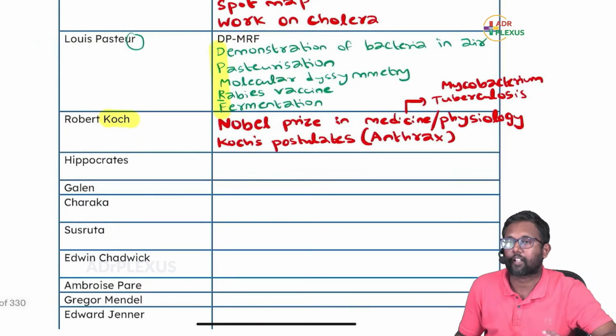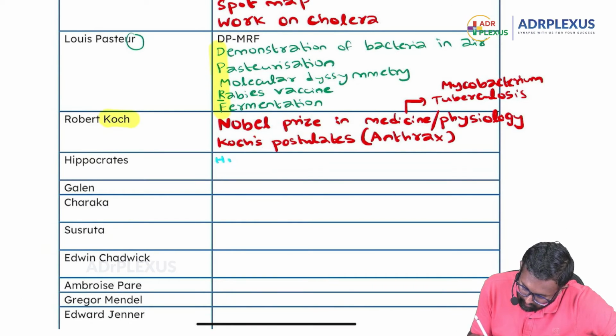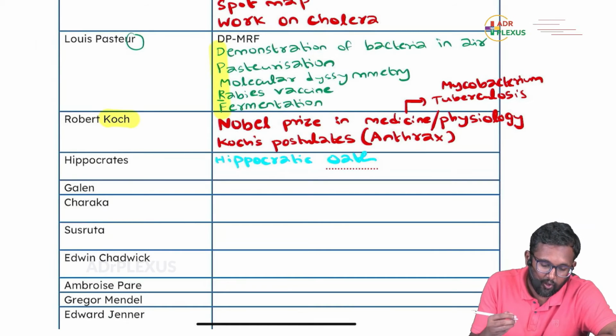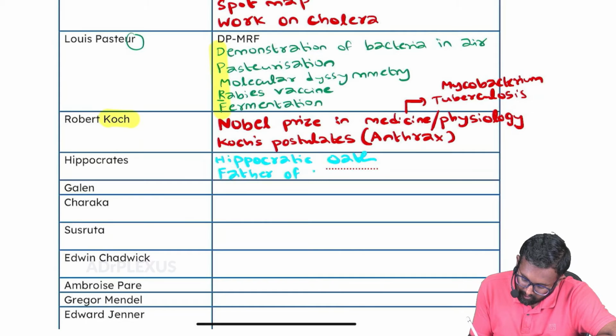Next is Hippocrates. So you already know Hippocrates. The first is the Hippocratic Oath. He is the first true epidemiologist. He is also called the father of modern medicine.